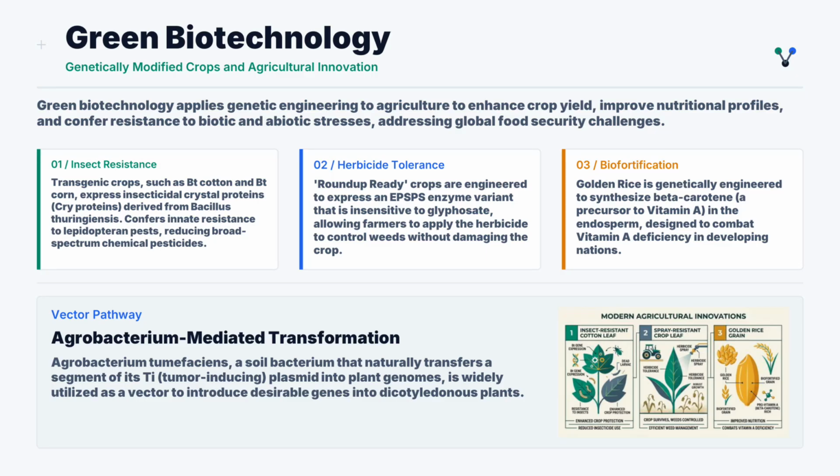Furthermore, biofortification initiatives, such as golden rice engineered to biosynthesize beta-carotene in its endosperm, directly address micronutrient deficiencies in developing regions. Many of these plant modifications are facilitated by Agrobacterium tumefaciens, which naturally transfers desired DNA sequences via engineered Ti plasmids.